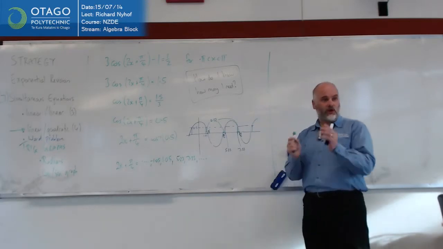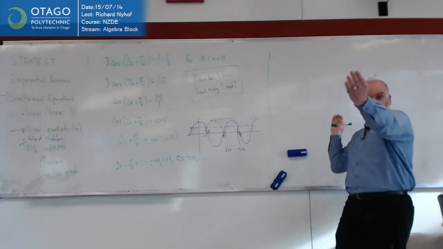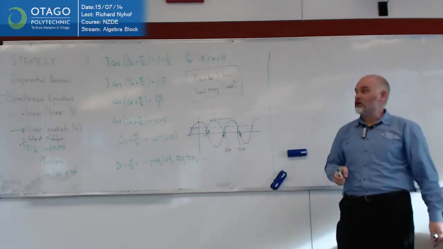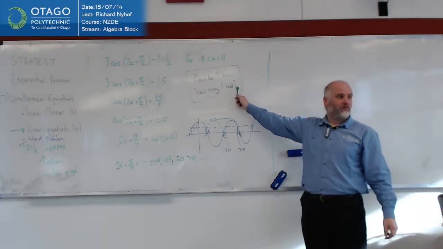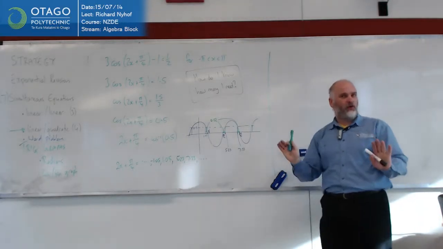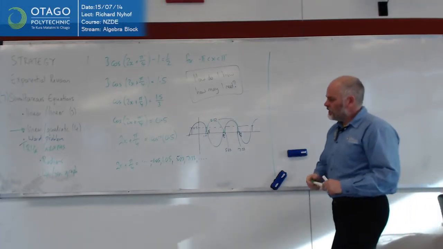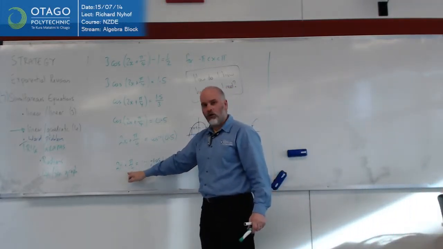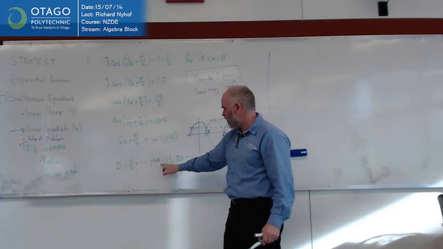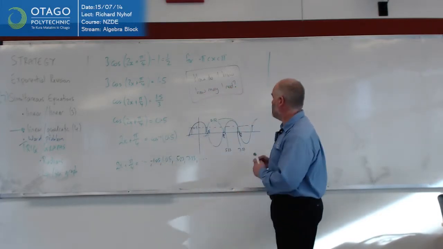Yep. So we've just got a few in the middle. There's as many as you want in both directions, which brings us back to the question we're kind of avoiding for the moment, but we'll get to it. Okay, so we now know that 2x plus pi over 4 equals one of these things. Let me just write that up again.